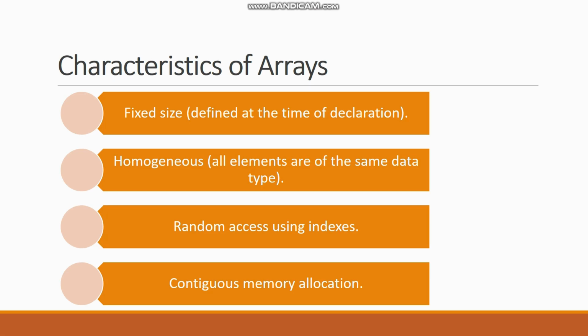Then random access using indexes. Yes, that's what we discussed for your spice bottles and for your train, and that is the most important feature of your array. And then all the elements are arranged in continuous memory locations. That means one by one you will have access.